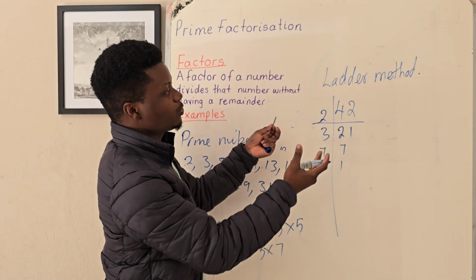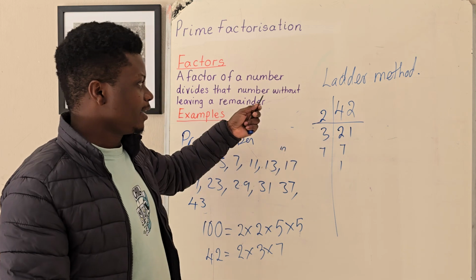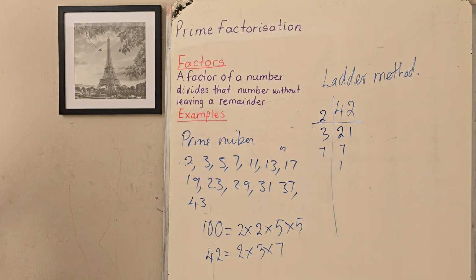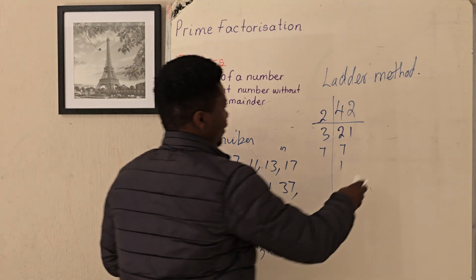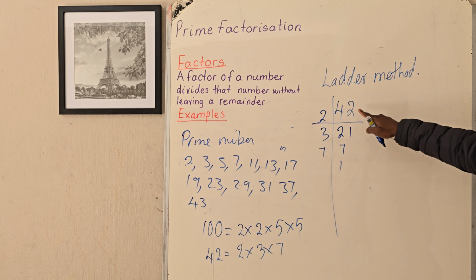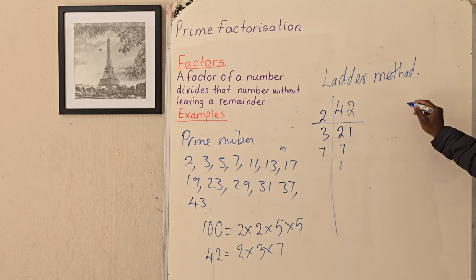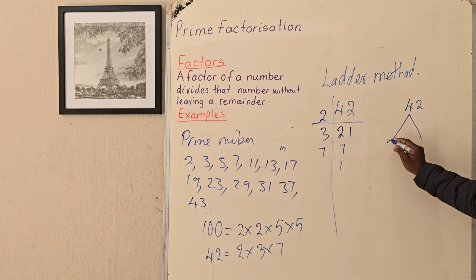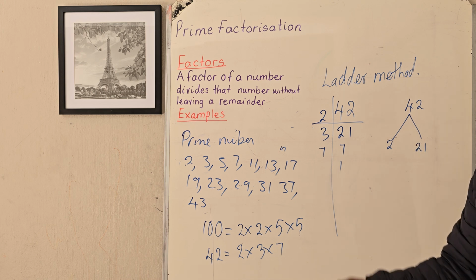I'm going to show you how you can use either a ladder method or a factor tree method. If I were to use the factor tree method to find the prime factors of 42, you start by writing 42 and you break it down. The smallest prime number to divide 42 is 2. 2 into 42 is 21. 21 is a composite number.